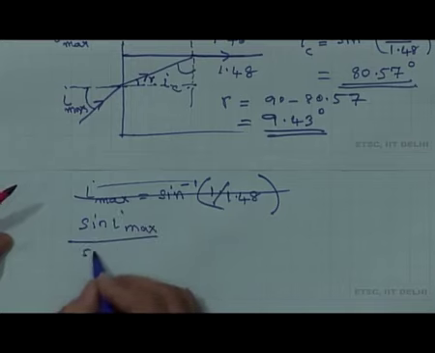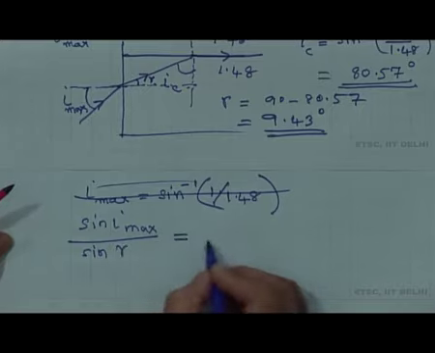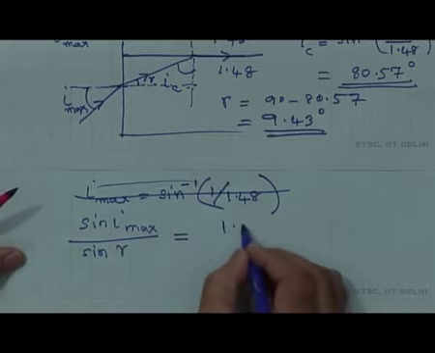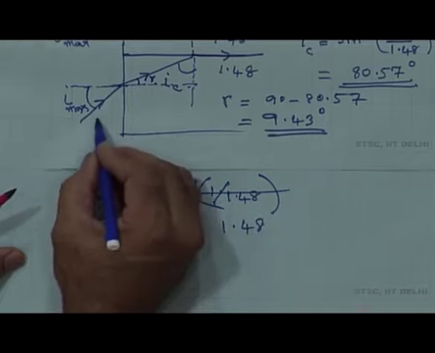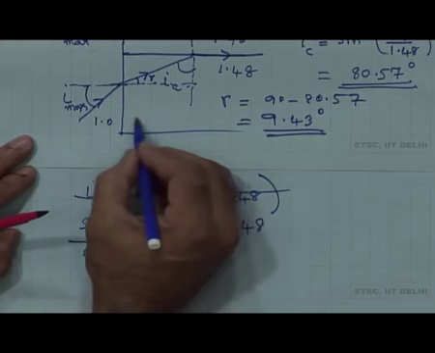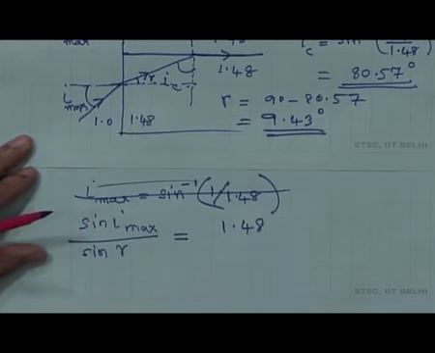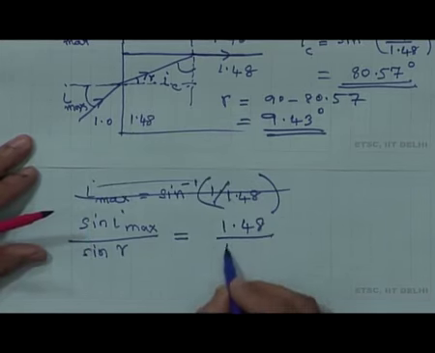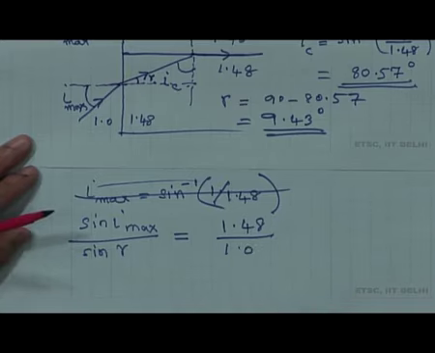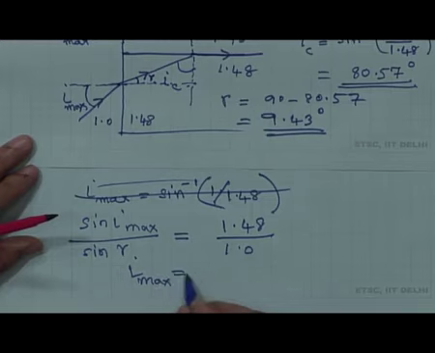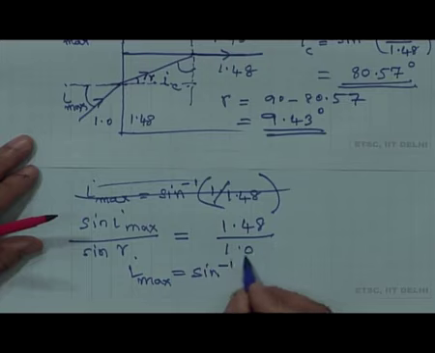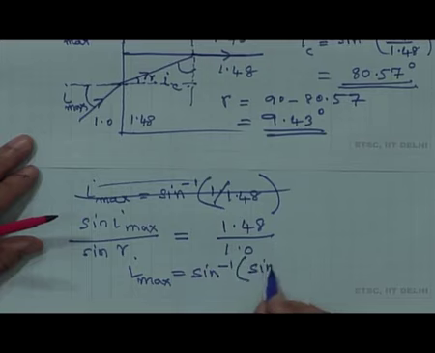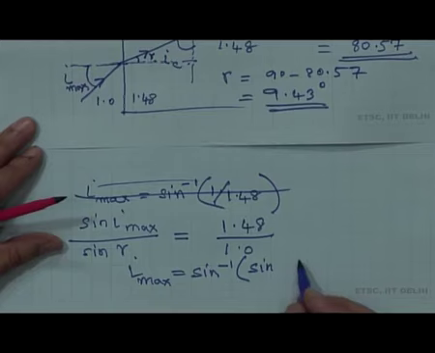This is N2, this is N1, outside it is air 1.0 and here 1.48, and therefore, it is 1.48 divided by 1.0, and therefore, I max is equal to sine inverse of 1.48 times sin R, where R is 9.43 degrees.